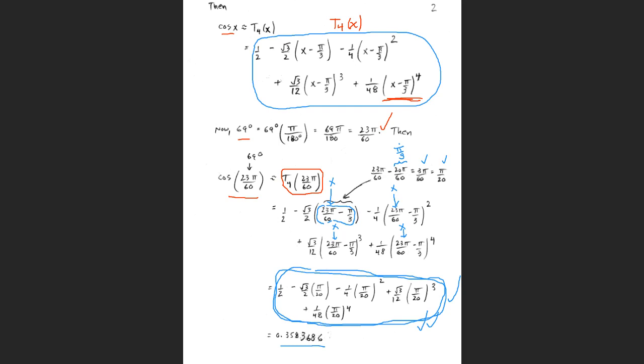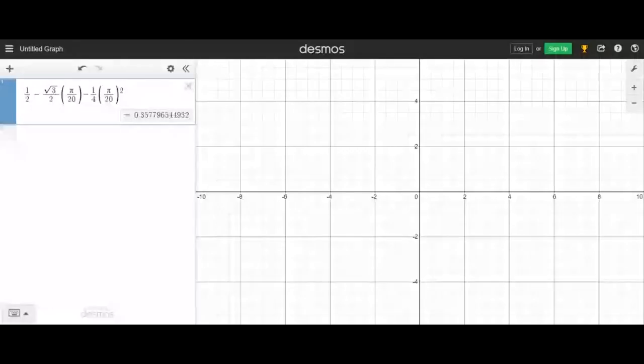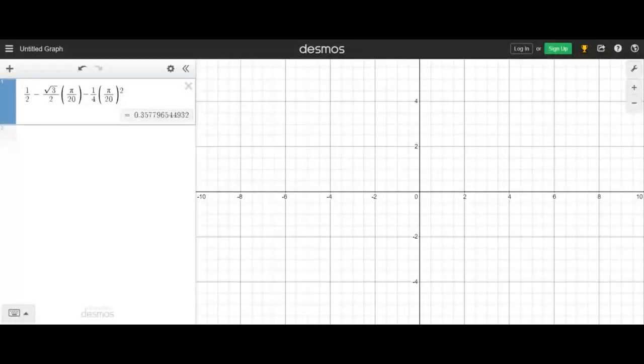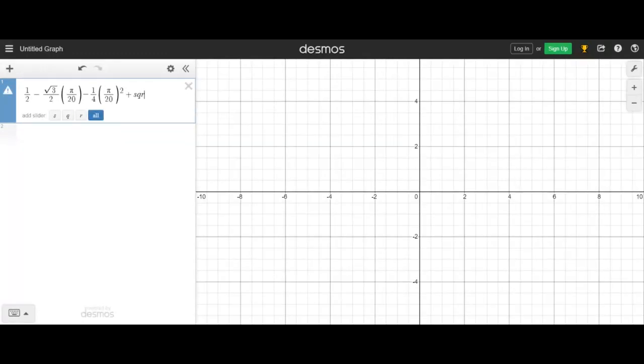Okay, I'm going to bring up Desmos. I'm working on plugging all of this in. Okay, so I have the first three terms put in, and I want to continue. It's really so beautiful, this material.